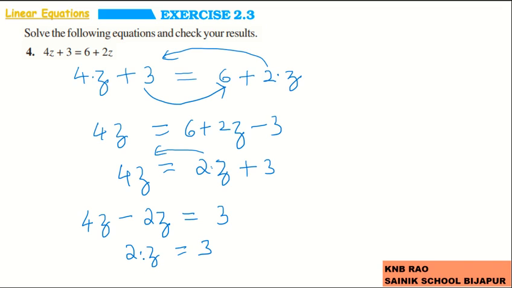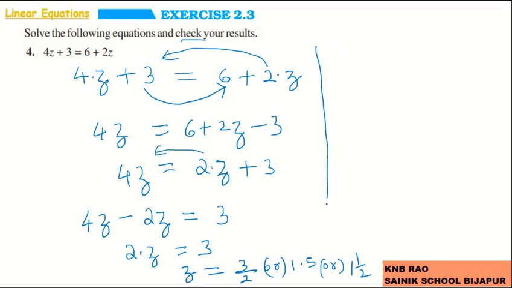Now, this 2 is a multiplicand on the left hand side. If it is transposed, it becomes z equal to 3 upon 2, or you can say 1.5.